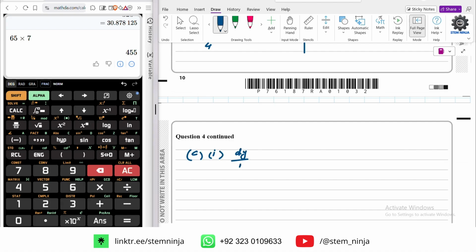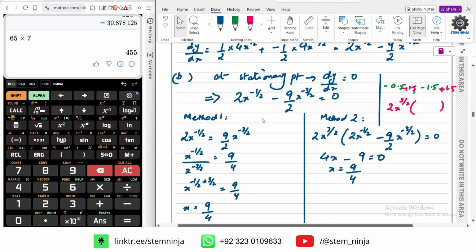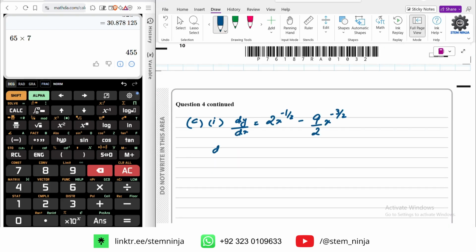So dy by dx was (2x^(-1/2))/2 minus (9/2)x^(-3/2), just to make sure that's what we had. Right, okay. Now we need d squared y over dx squared, the double derivative. So minus half again comes down, and the power goes further down by 1, and 3 by 2 comes down, minus 3 by 2 x to the power minus 5 by 2.